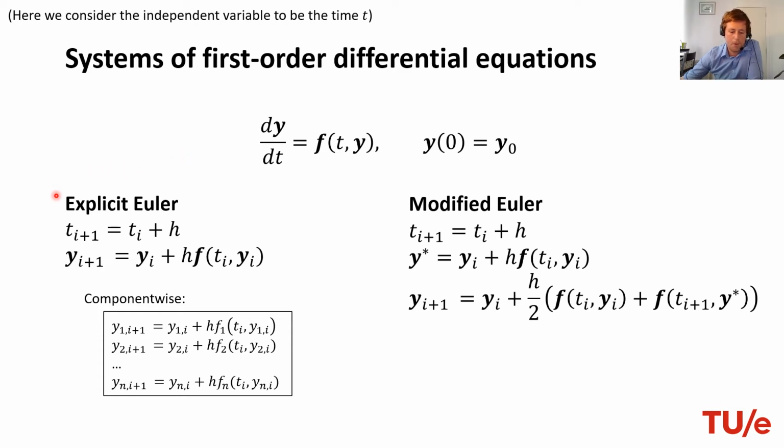For example, looking at explicit Euler, we have time as the independent variable, so we partition the time axis instead of the x-axis as before.